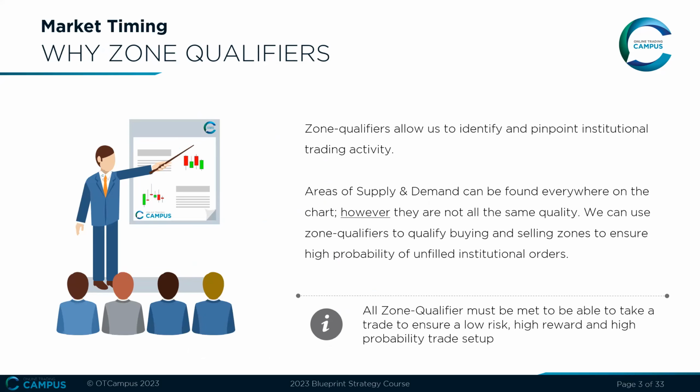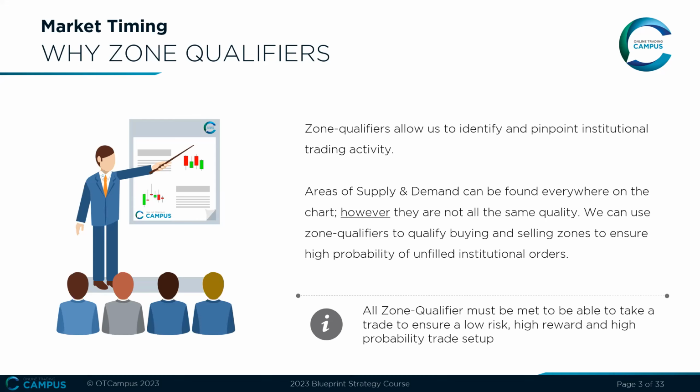So zone qualifiers are just going to be rules. And these rules allow us to identify and further pinpoint institutional trading activities. So these areas of supply and demand, the lower we go in terms of the time frame, the more supply and demand areas we're going to find within our charts. So we need to have a way of arguing quality versus quantity when it comes to our supply and demand zones.